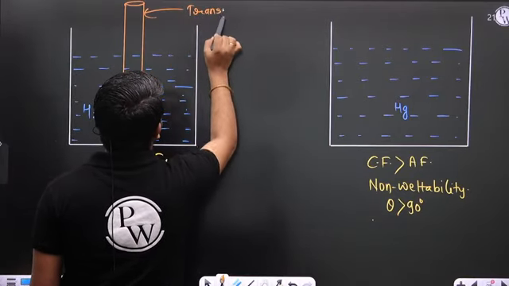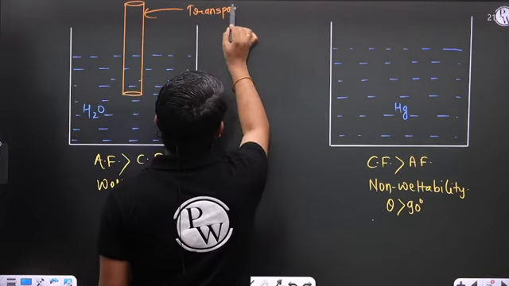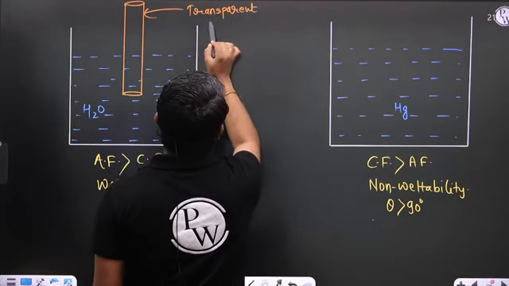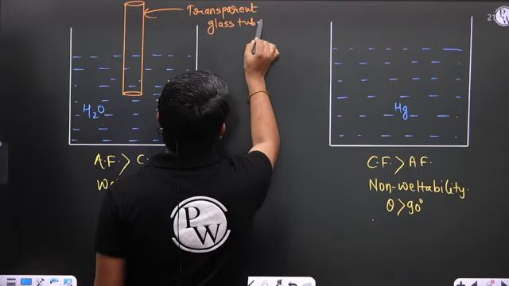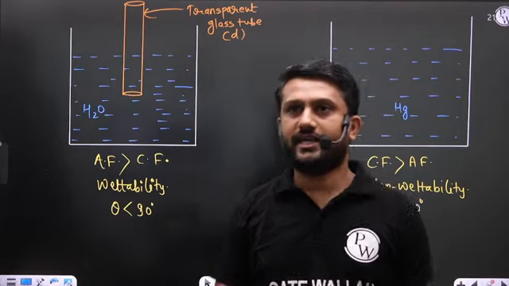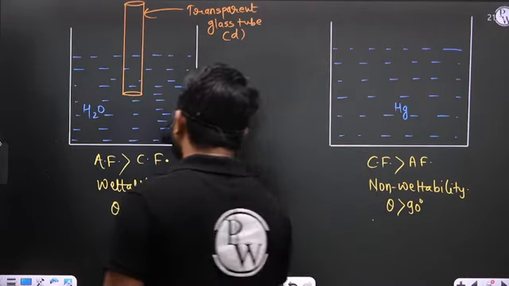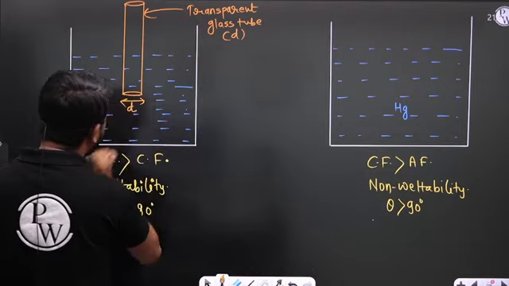Let us consider the diameter of this transparent glass tube is small d.